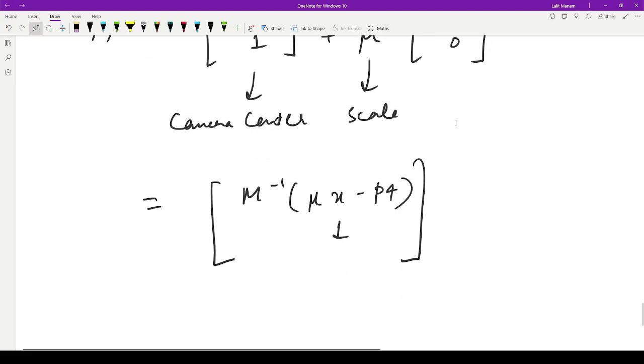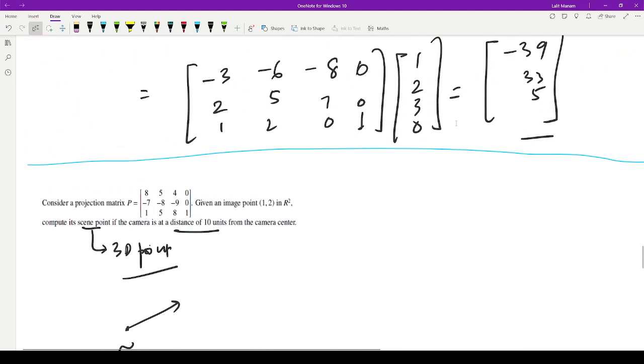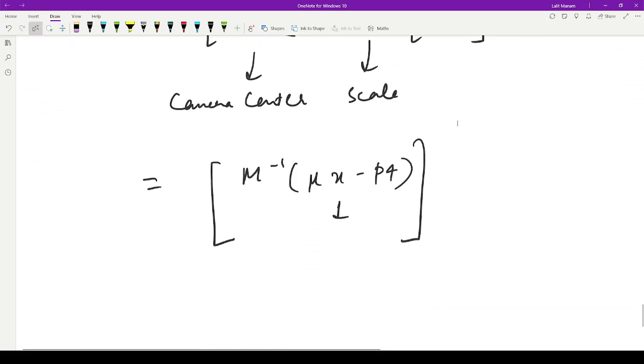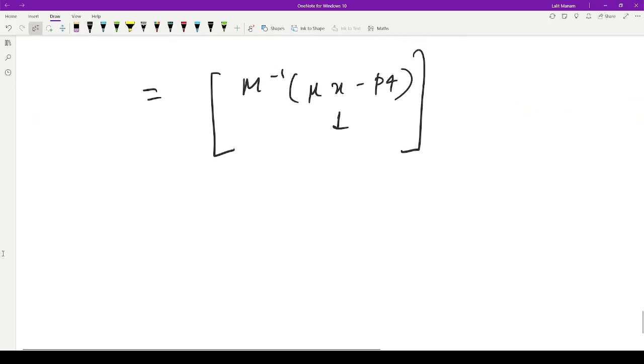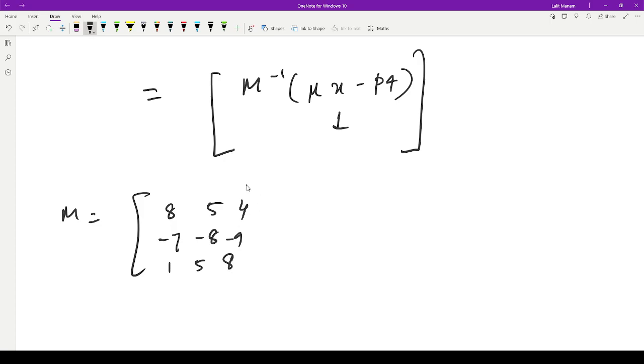Now we are given the matrix P. From where can we get M? It is quite straightforward. We just take the first 3 columns of the matrix P and compute M inverse, which leads us to something like this.